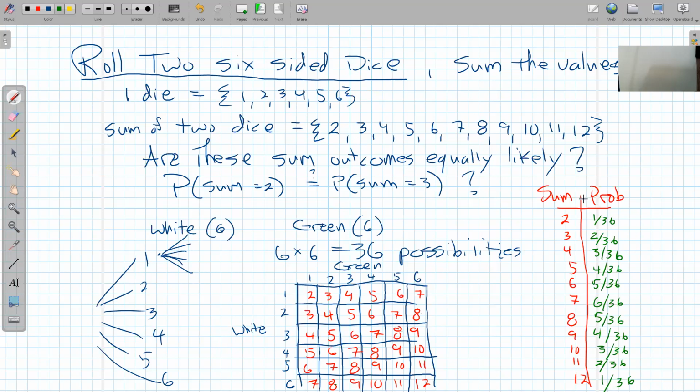Question, if I were to add up all of these probabilities here in my probability column, can anyone tell me what they're going to add up to? There are 36 possible outcomes, but I'm talking about adding all of these fractions. 1 over 36 plus 2 over 36 plus 3 over 36.